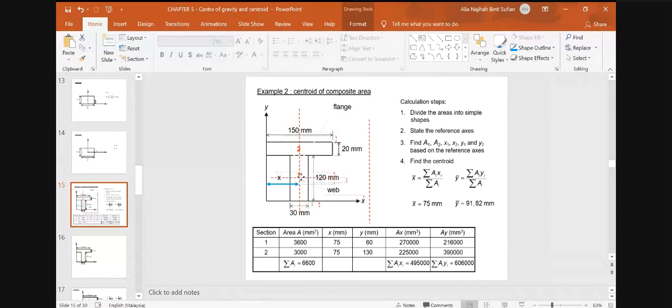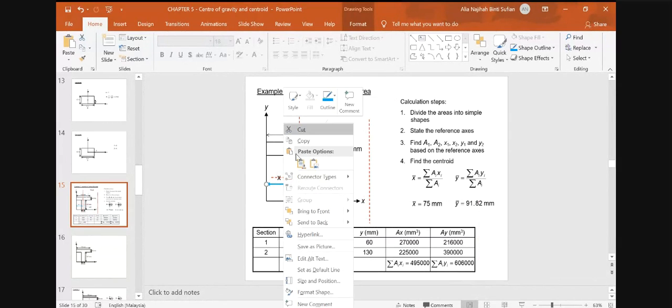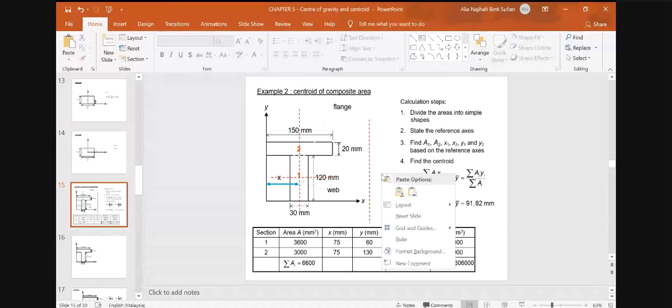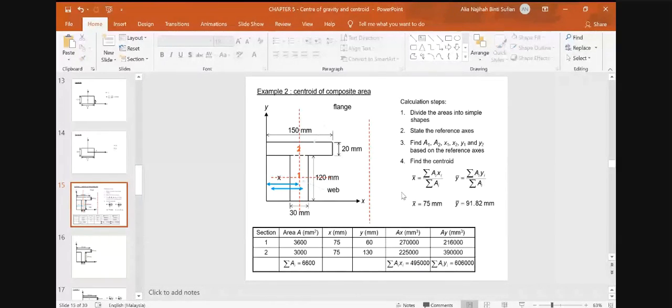For section 1, we draw at its center here, and then we measure the y bar from the dotted line to the x-axis.